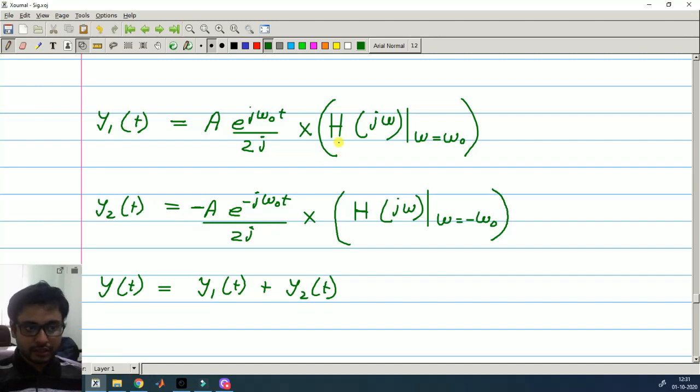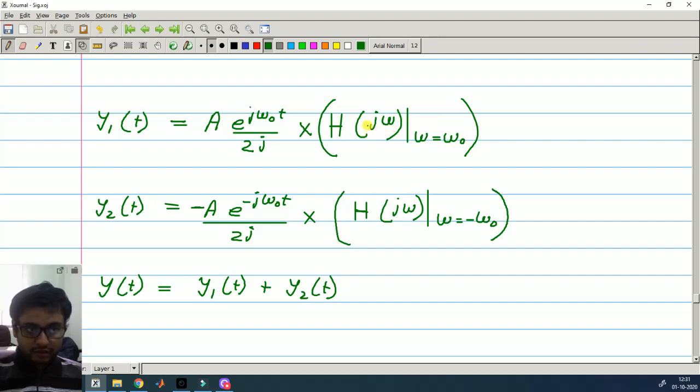However, notice that this gain factor in general is a complex number. Okay, so this has both real and imaginary part, or magnitude and angle.